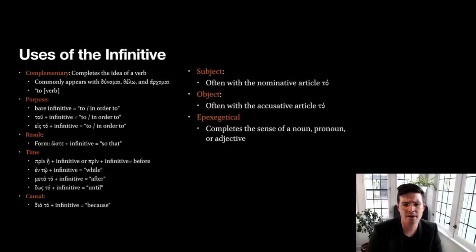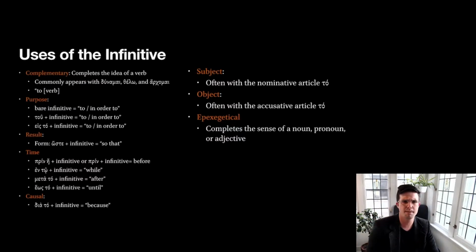And then the other very common use of the infinitive, which is very similar to the complementary infinitive but is used for nouns, is what's called the epexegetical infinitive. It's usually going to come after a noun, and it's going to further explain that noun with respect to the verbal idea that's contained in the infinitive itself.